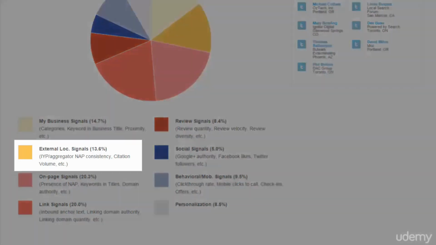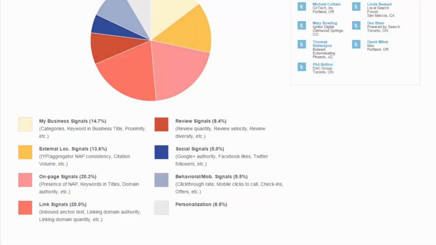It's also going to look at external location signals. This is very closely related to your Google My Business page. This is referring to citations. Citations are anytime your NAP information, which is name, address, and phone number, is on other websites like directory websites, but there's a lot of other places you can list your NAP information as well.